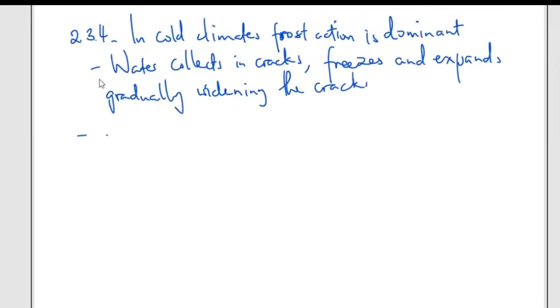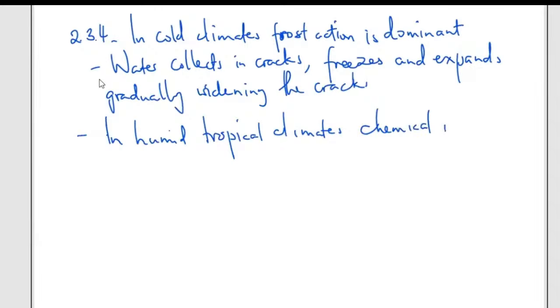And also let's look at humid conditions in areas with high rainfall. In humid tropical climates, we have chemical weathering. Chemical weathering is more significant in this region.